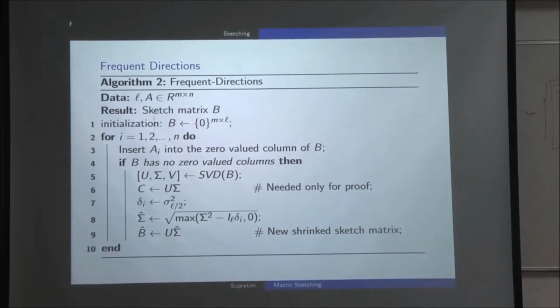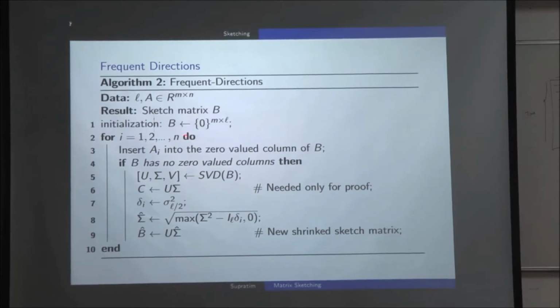So let us look at the algorithm. Here we fix L, and we get the A matrix one column at a time, and the result will give us a B matrix, which will be a good approximation to our actual data.